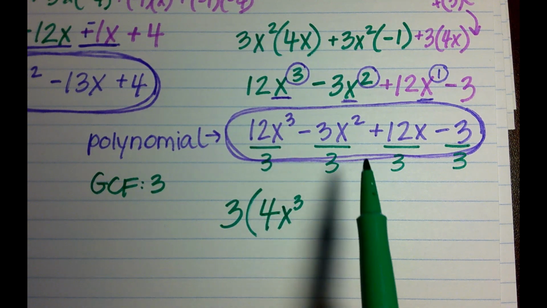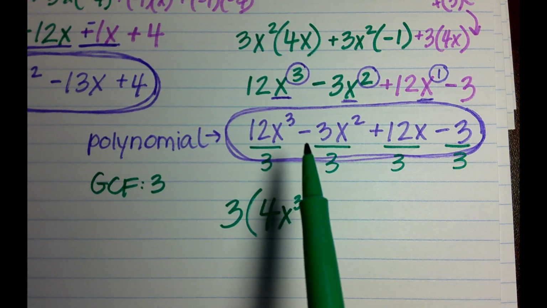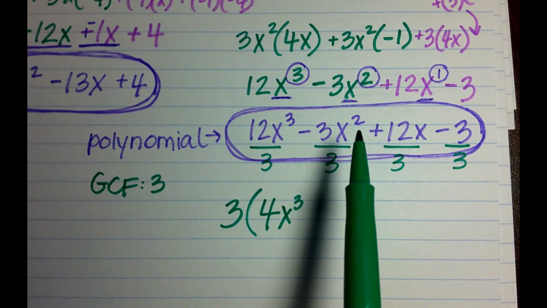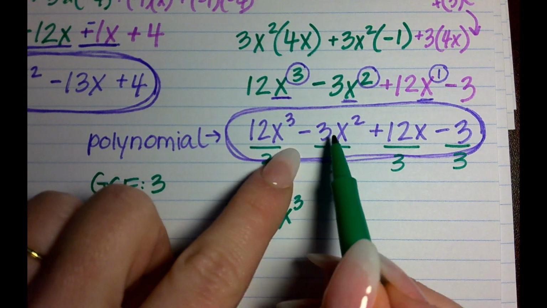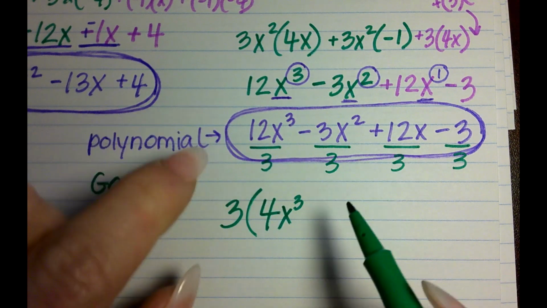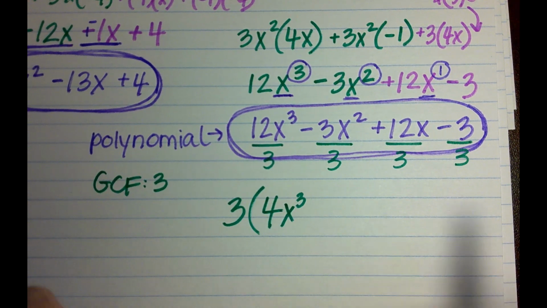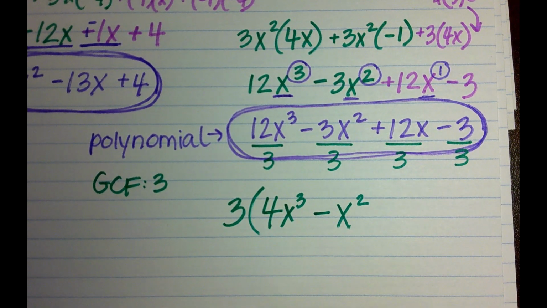What's our next term? Would it just be x to the second power? It would be x to the second power, but we're missing minus. Minus. Good. So this is like -3 divided by 3, which is -1. So we're going to have minus 1x squared or minus x squared.